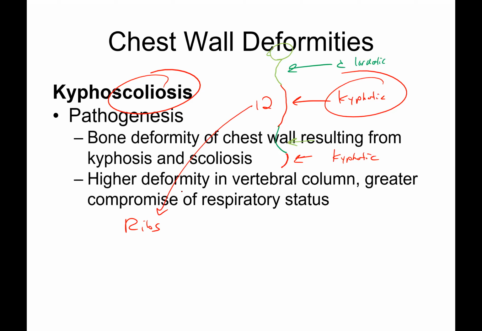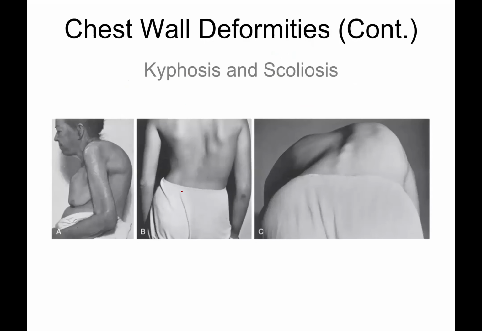Okay, so if your thoracic spine is bent too much, then you're going to compromise the lung field, okay? And then if you have scoliosis on top of that, it makes it even worse.